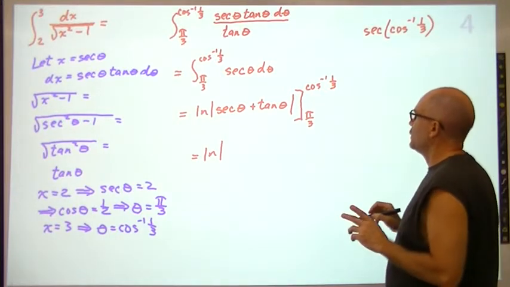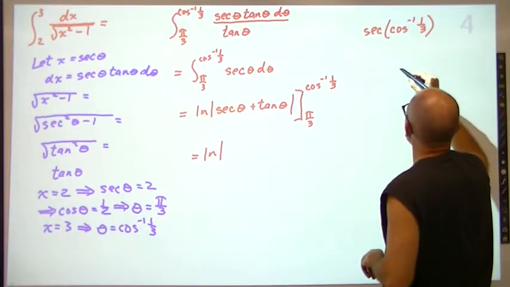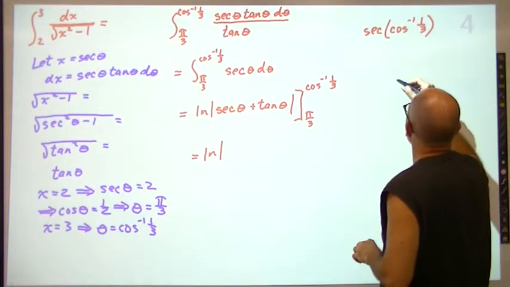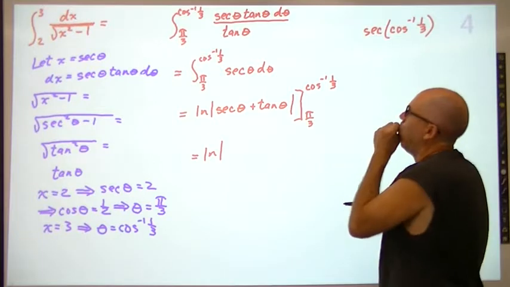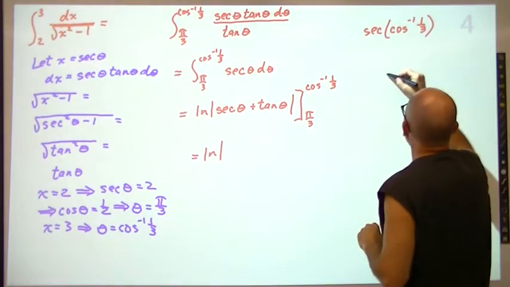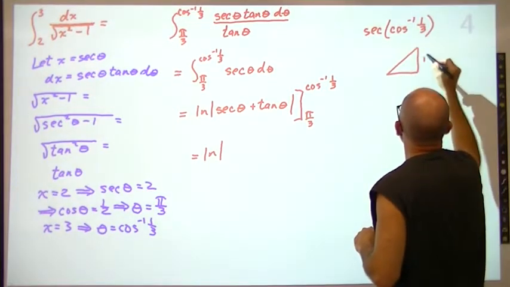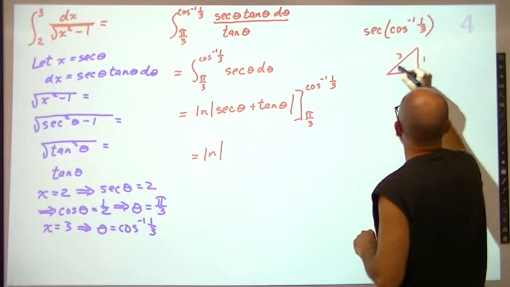One way we could do it is, the inverse cosine of 1/3 is the angle whose cosine function is 1/3.